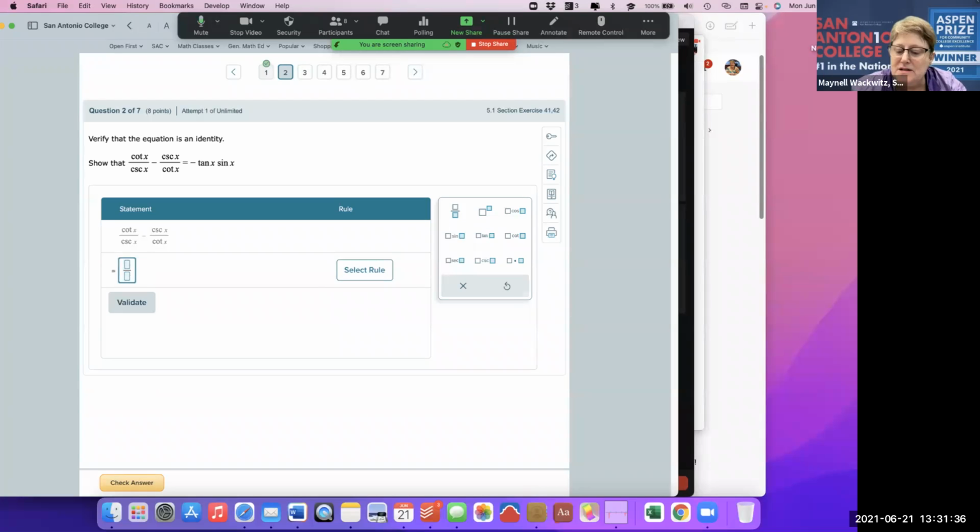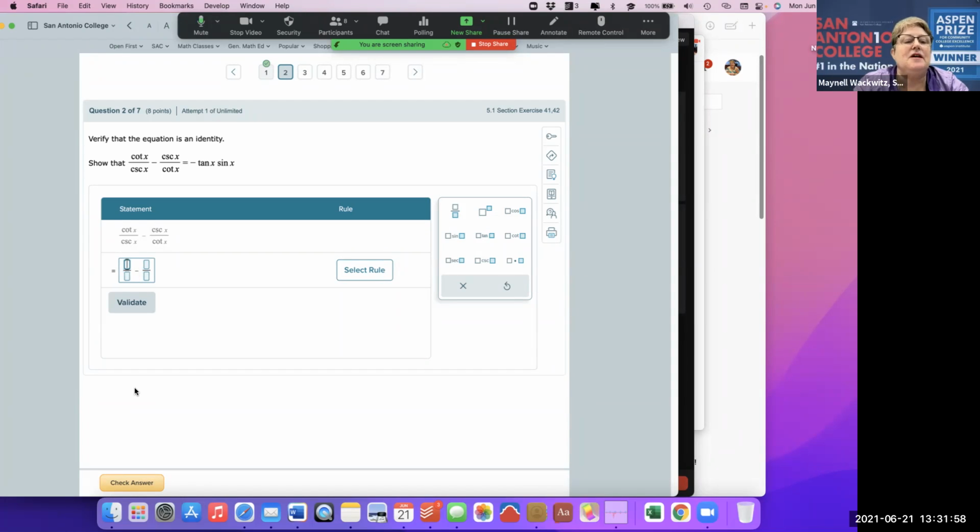So it's minus. So what's an algebra thing I can do? All right, well, that's not algebra. That'll be a trig step. Yeah, let's get a common denominator.